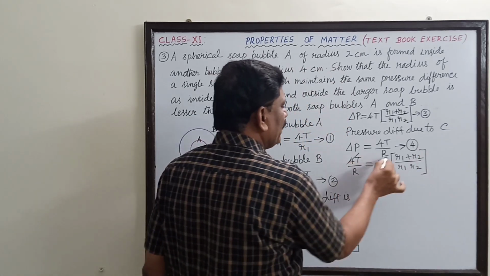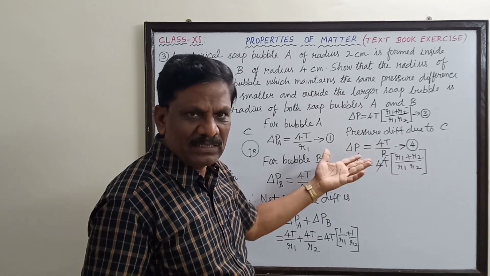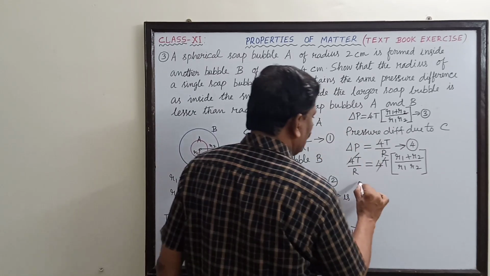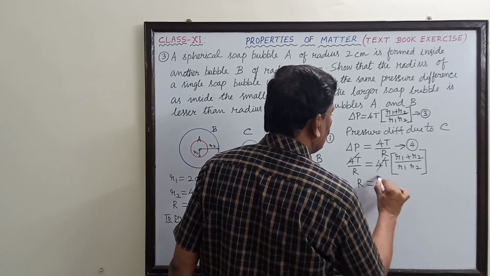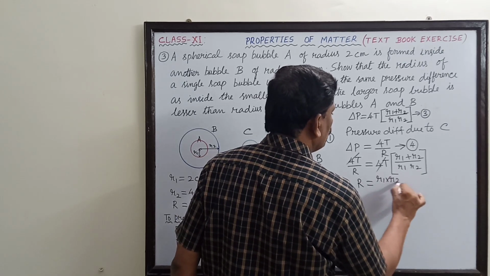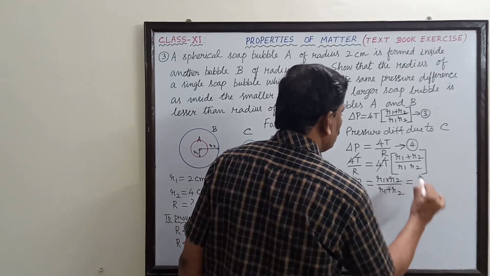Now 4T gets cancelled. I take the reciprocal, so R is equal to R1 R2 divided by R1 plus R2.